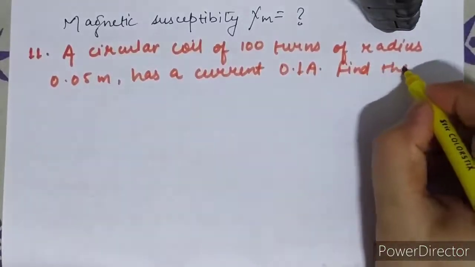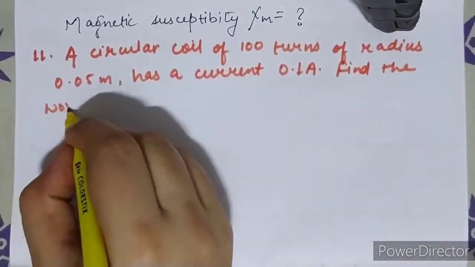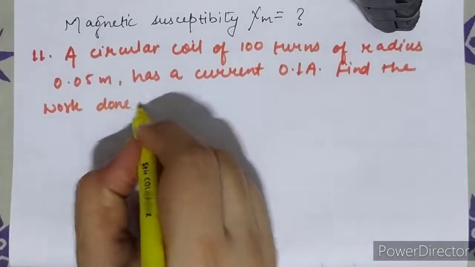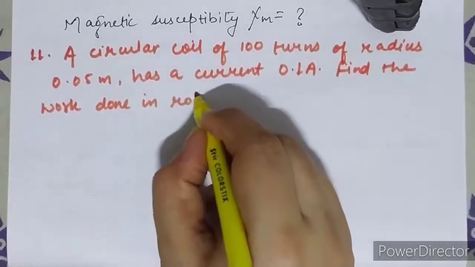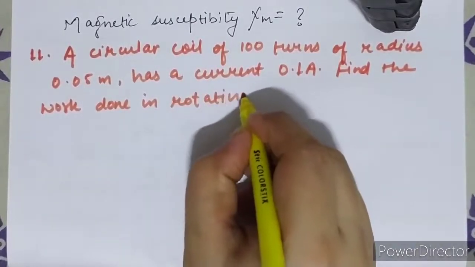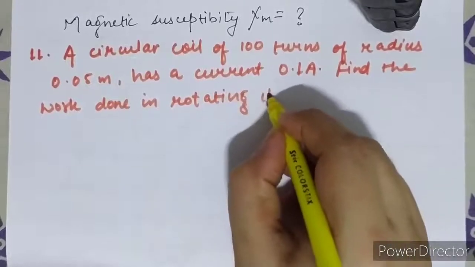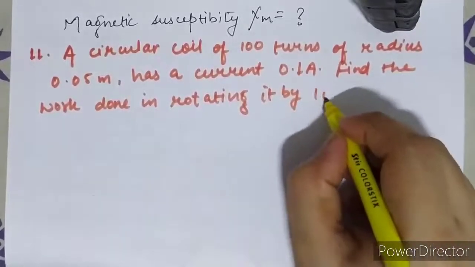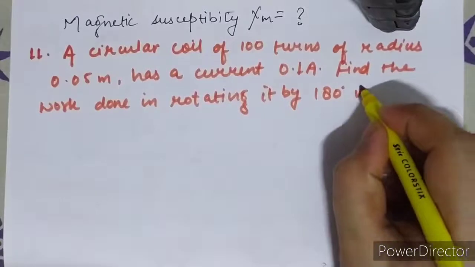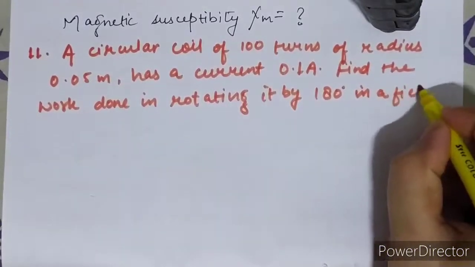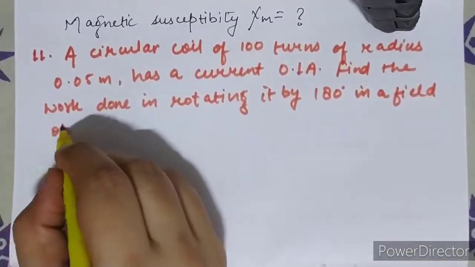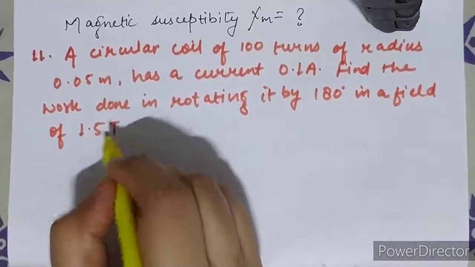Find the work done in rotating it by 180 degree in a field of 1.5 Tesla.